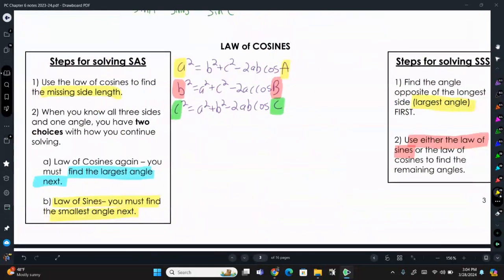So I know that's a lot of information, and it is confusing, but once we see these examples and talk through them, I think it's going to make a lot more sense.